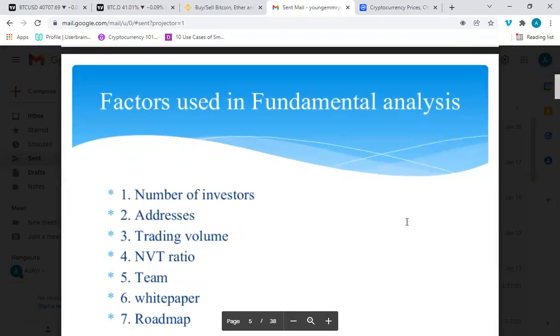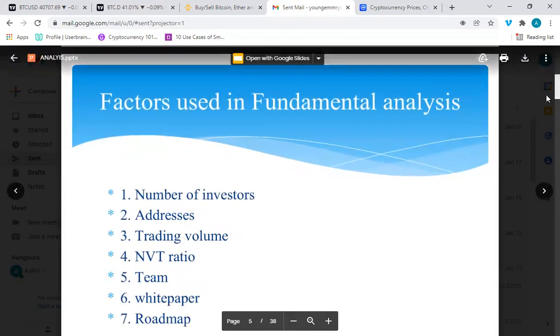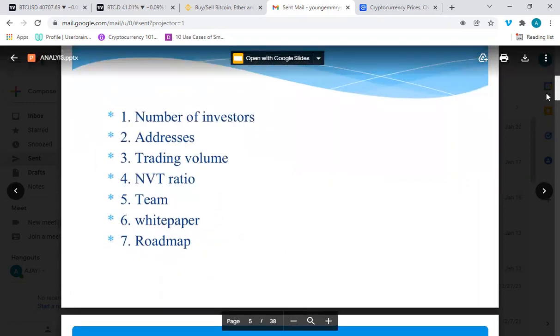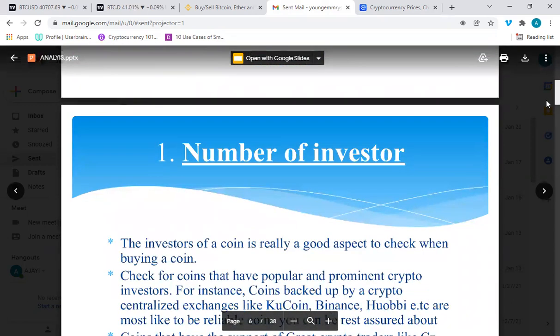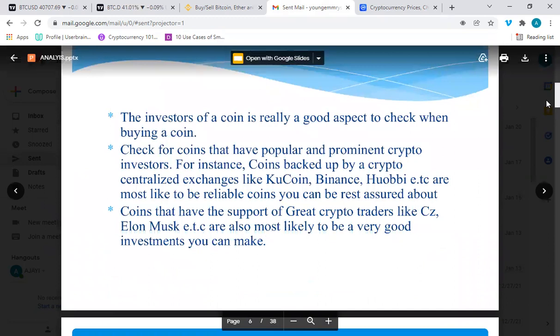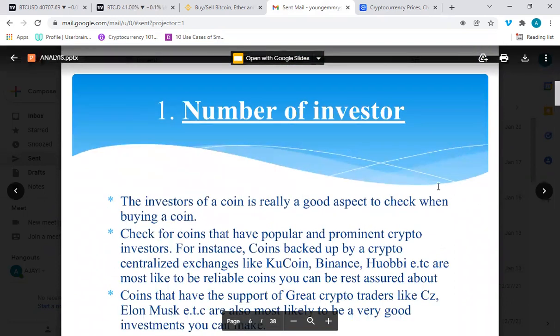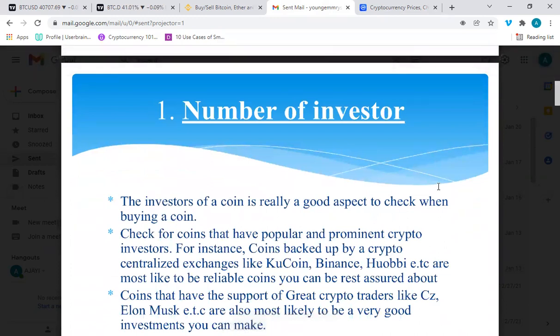Let me zoom it. And about the number of investors. Now let me ask you one thing. Ask yourself, you created a company that deals with finance, that deals with money.